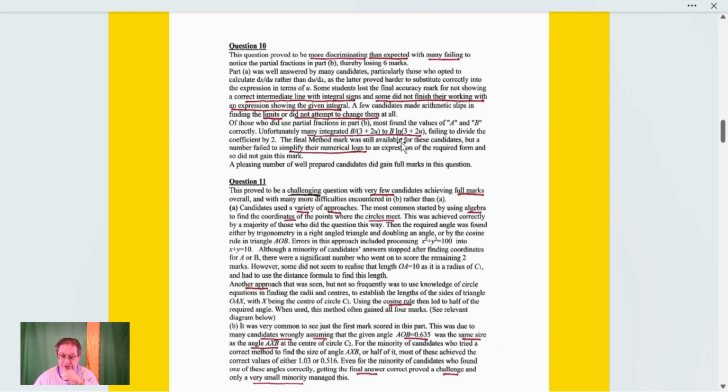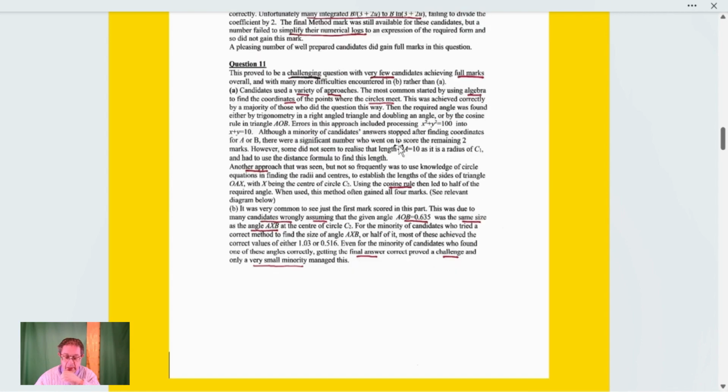Unfortunately, many forgot to divide by the 2 when they integrated 1 over 3 plus 2u. A number failed to simplify the numerical logs to an expression of the required form. So that confirms the points we've just made.